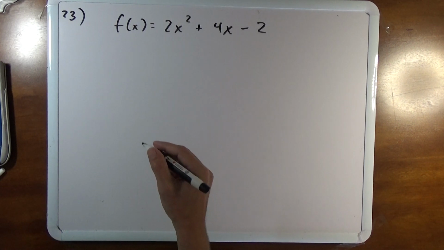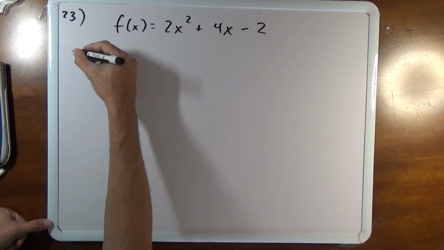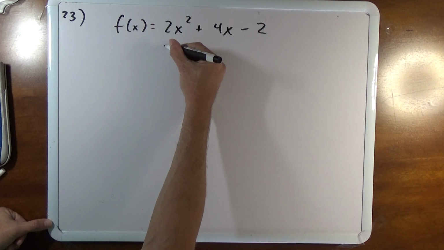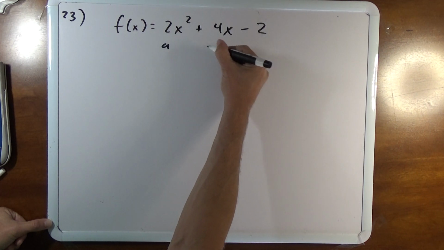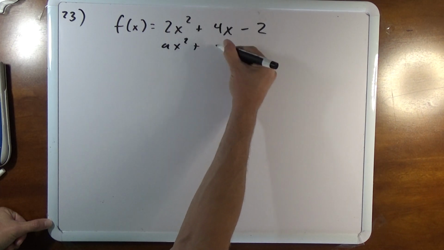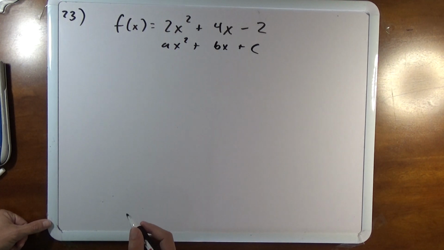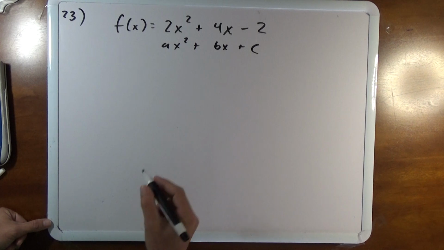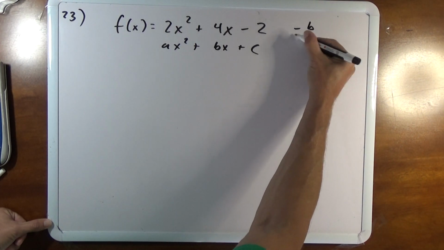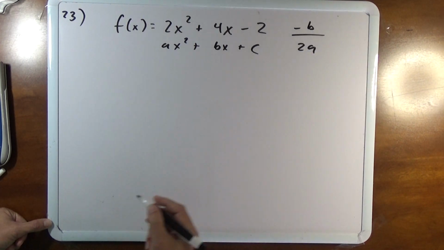Okay. So this is my a term. It's ax squared plus bx plus c, that's my general form. What I'm going to do is the opposite of b over 2a.